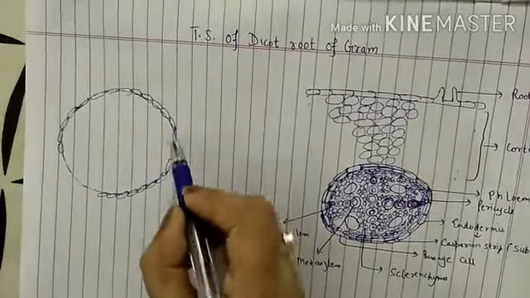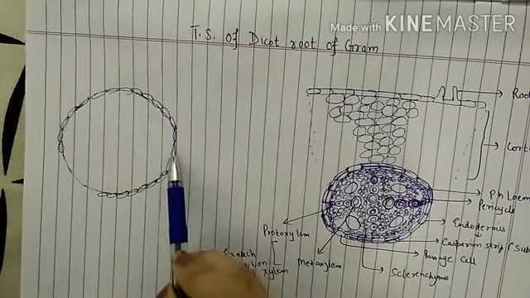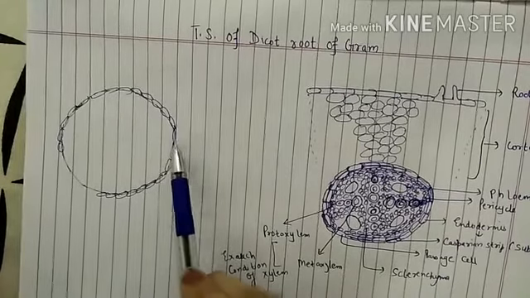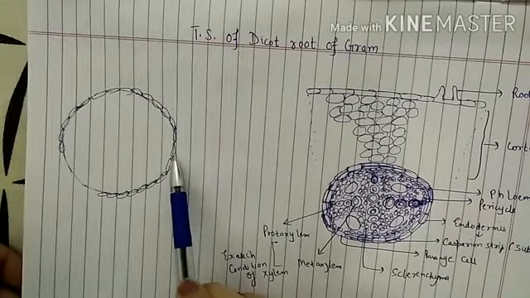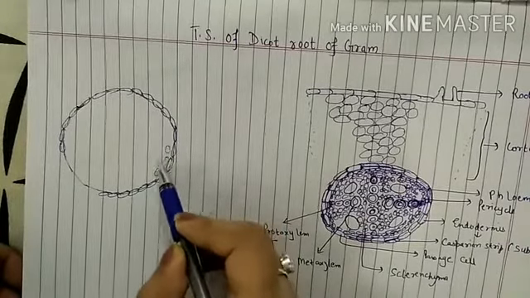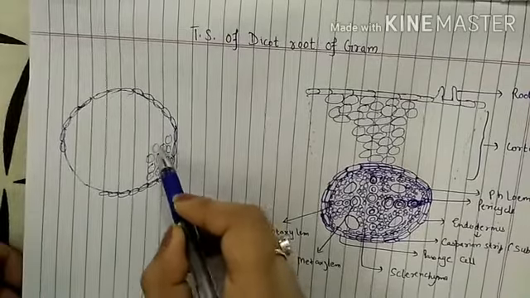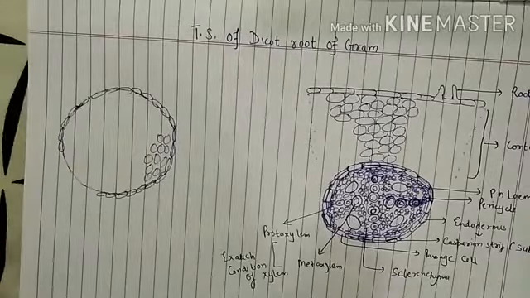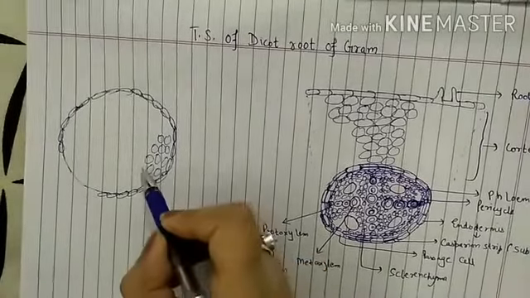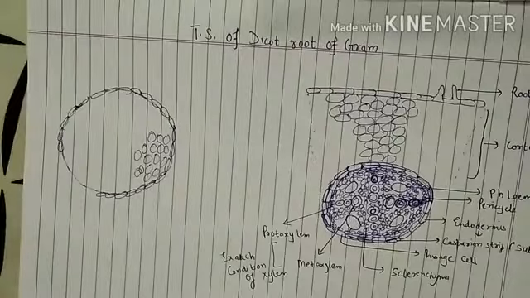So let us draw here also to understand it in a better way. This is the epidermis layer, in which there is no intercellular space present. Then next to it is the cortex, which forms the major root body, and here the cells are oval and intercellular space is present.